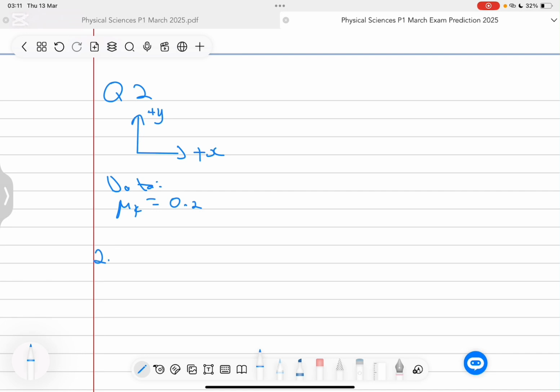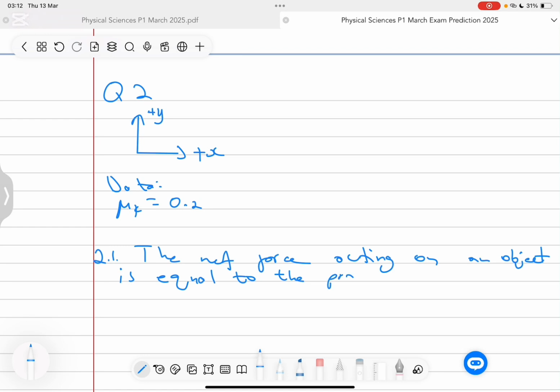And we all know that the law says that the net force acting on an object is equal to the product of the mass and acceleration. That's what we said. F net equals ma.